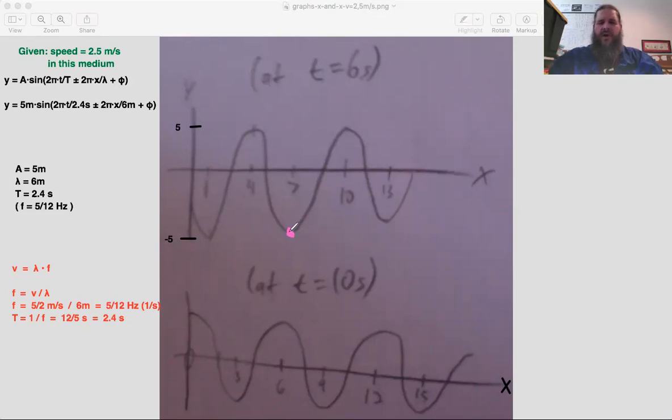We know that there's a trough at x equals 7 meters at time 6 seconds. So let's make a note of that. At time t equals 6 seconds, a trough passes by the point x equals 7 meters.